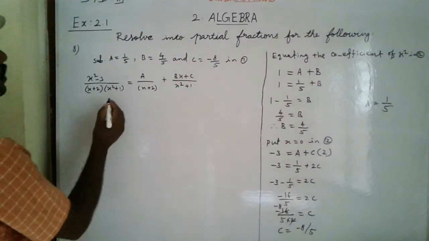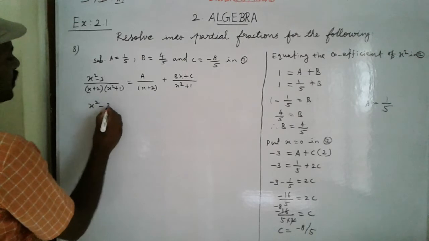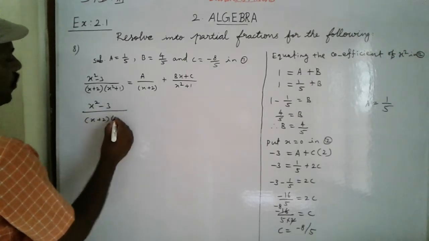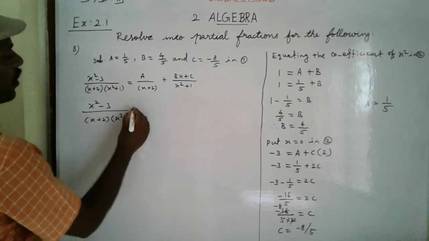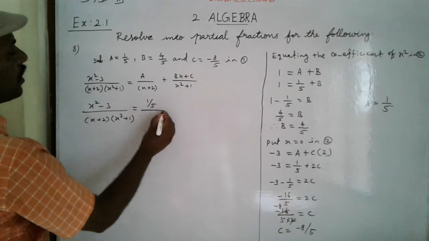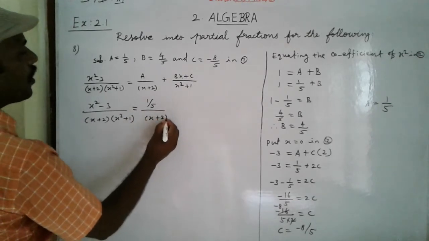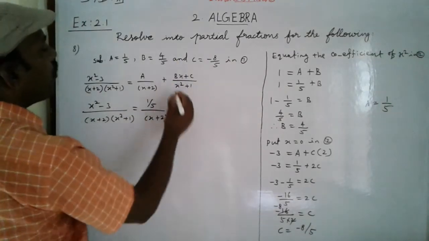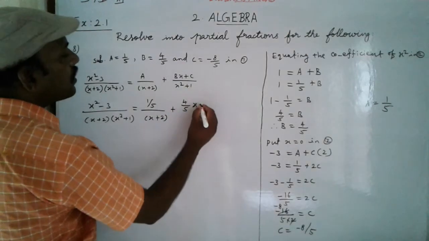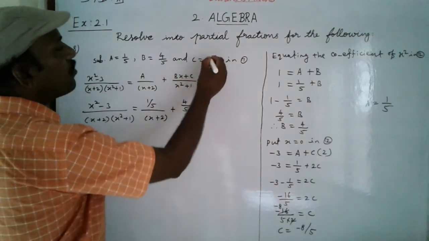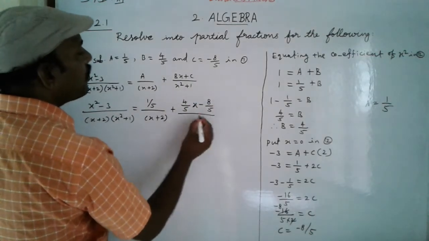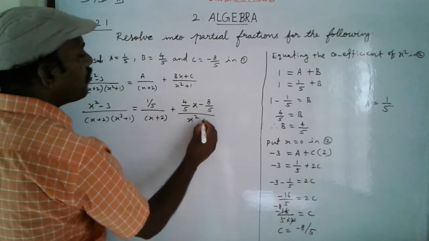So substituting: equals A value 1/5 into (x + 2), plus B value 4/5 into x plus C value −8/5, plus into minus is minus, 8 divided by 5, whole divided by (x² + 1).